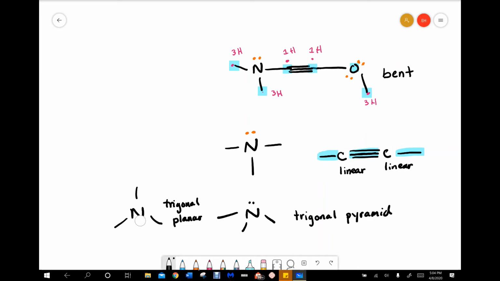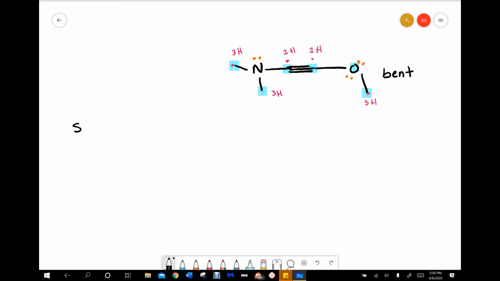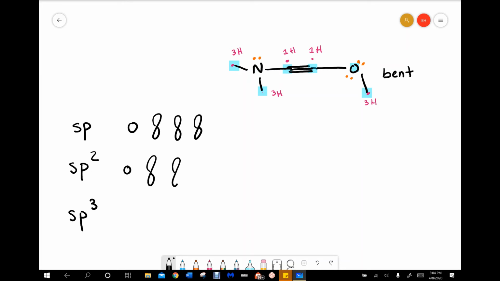All right, so now in the spirit of geometries, let's review hybridization right quick, which is really investigating how the electron orbitals overlap to actually give us these different bonds. So if you remember, we had a few different types of hybridization: sp, sp2, and sp3. And what this does is show us how the atom's s and p orbitals are mixed.